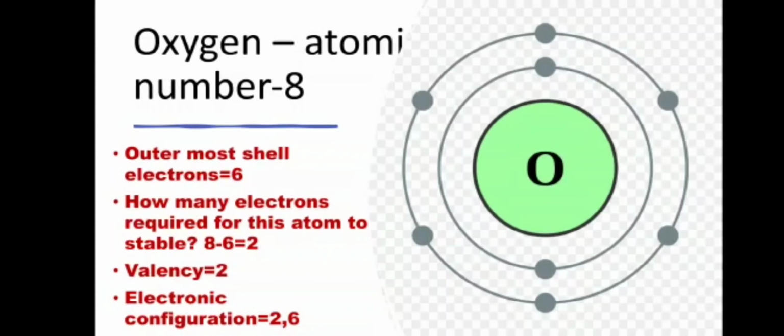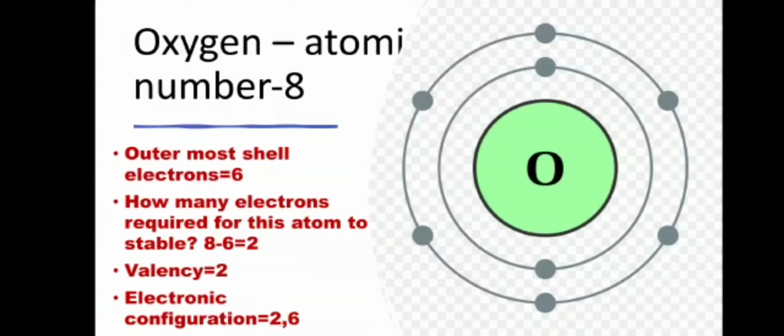We will see the next example, that is oxygen. The atomic number of oxygen is 8. So here you can see how many electrons are there in the outermost shell, that means the last shell. Yes, 6 electrons: 2 in the first shell, 6 in the L shell. So how to write the electronic configuration? 2, 6.